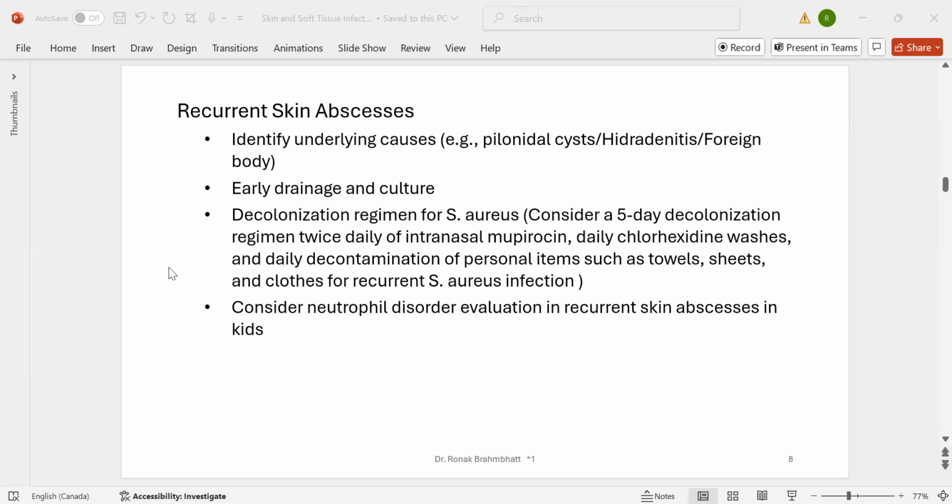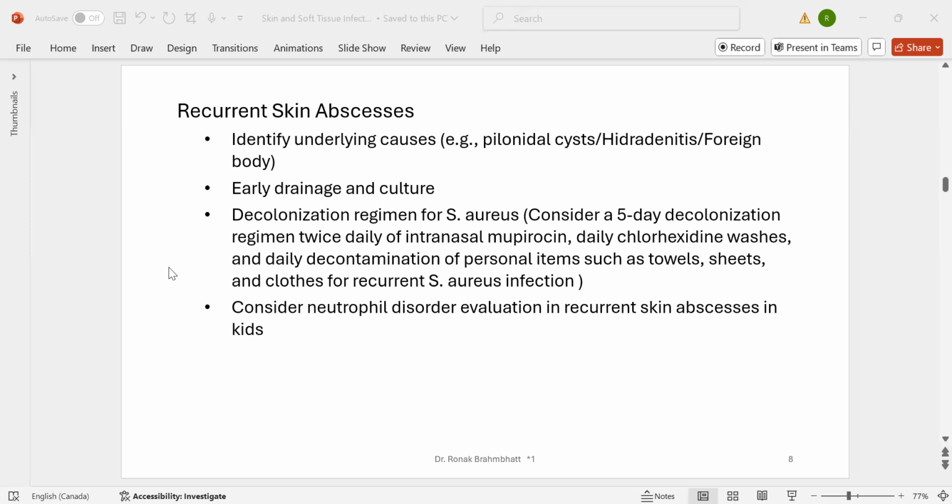Immunocompromised states. Somebody who's on chronic steroids or immunomodulators, for Crohn's disease, ulcerative colitis, rheumatoid arthritis, and you name it. All those conditions put you at high risk. So immunocompromising conditions are the second category that we need to know.